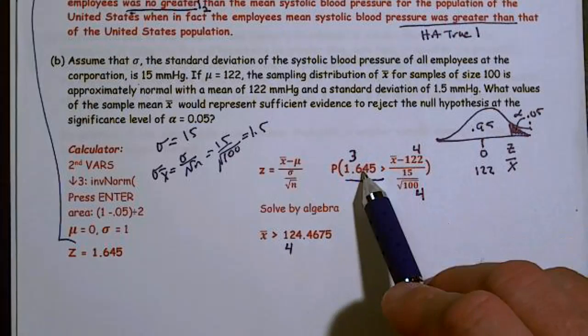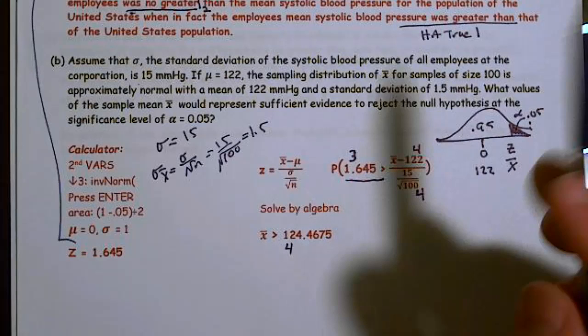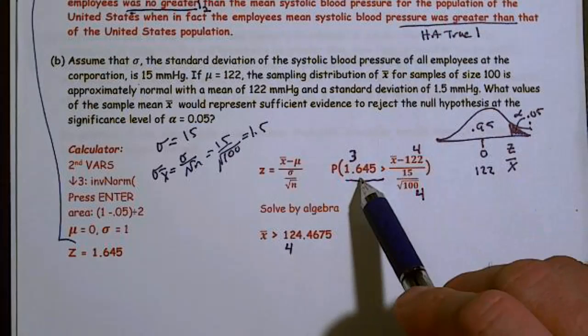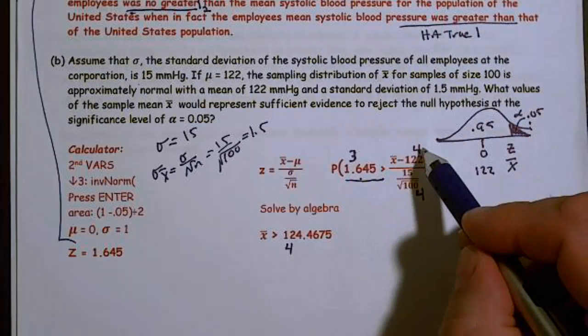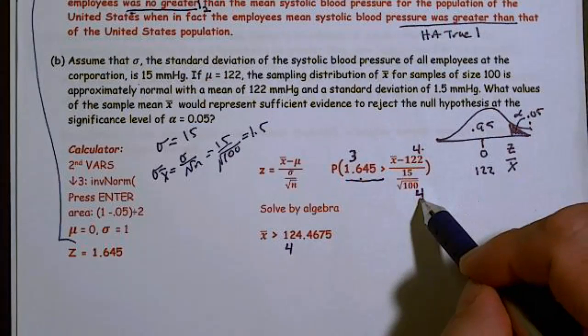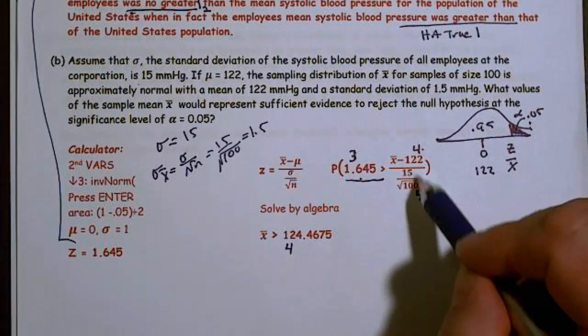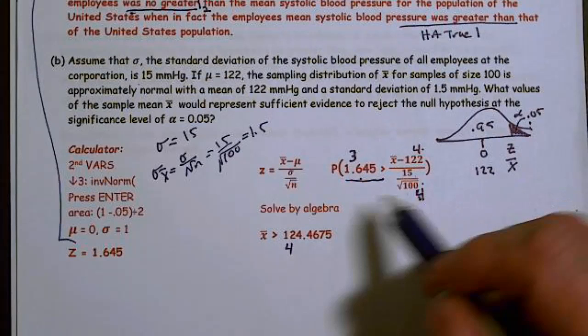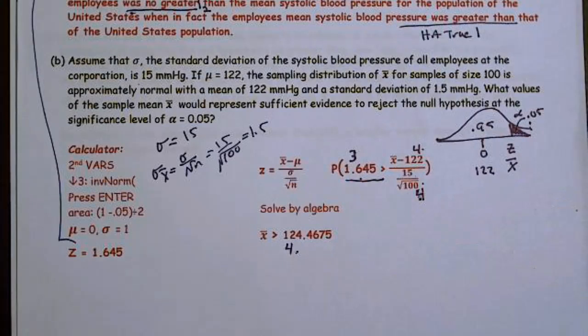You can solve it by algebra or you can solve it by inverse norm. But regardless, you have to have the z-score value. You have to show the mean, and you also have to have the correct standard deviation, whether you put 1.5 there or 15 divided by the square root of 100, and then you have the correct response.